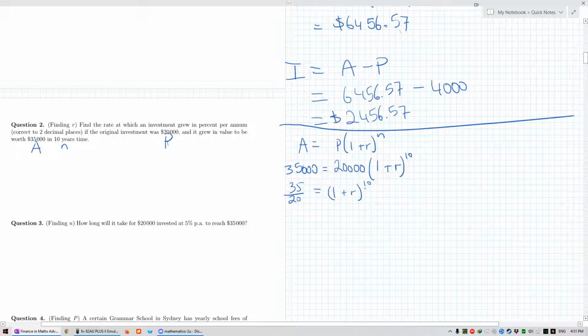And so to get rid of a power of 10, we have to take the 10th root of 35 over 20. So the 10th root of 35 over 20 is equal to 1 plus R. And so R is going to equal the 10th root of 35 over 20 minus 1.